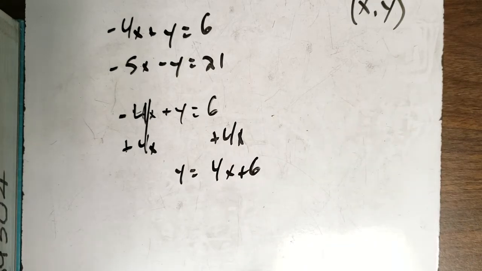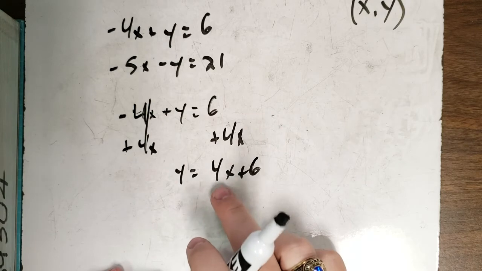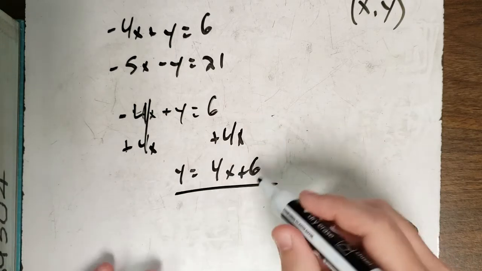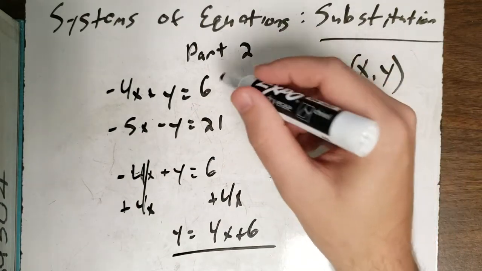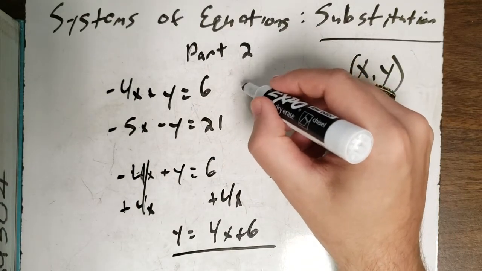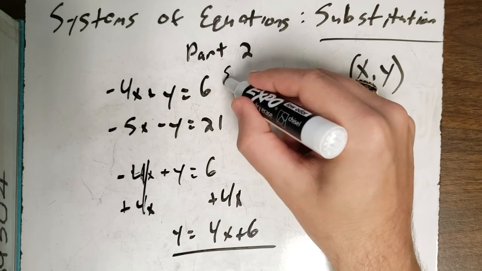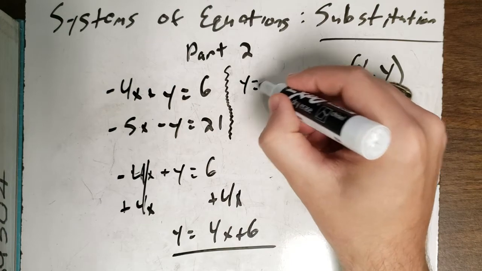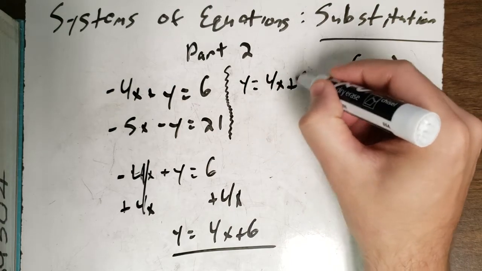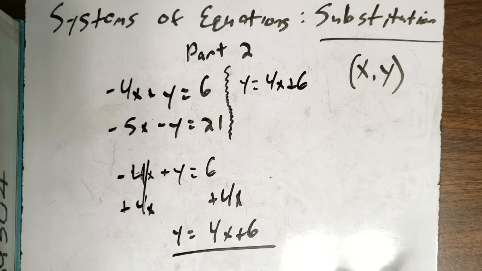Okay? So this is going to be our new problem. I'm going to rewrite it up here, okay? I'm going to make a little squiggle line. Y equals 4x plus 6, okay? And we're going to leave that there.